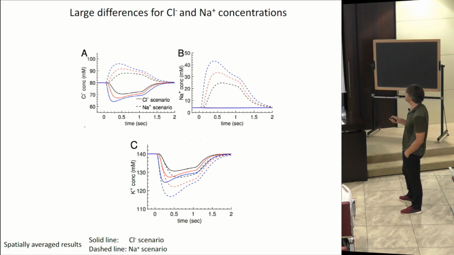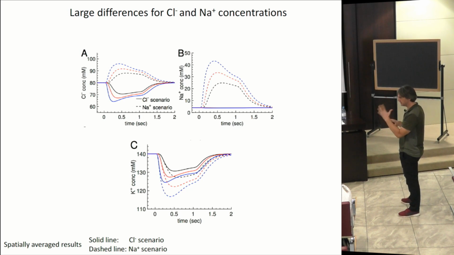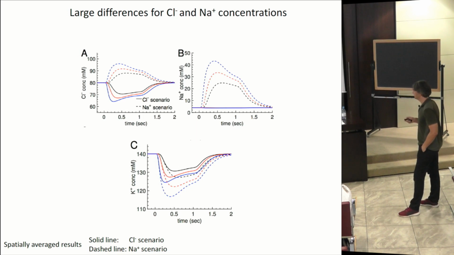The sodium concentration is almost not affected in the chloride scenario. And because of the ciliar depolarization, as Thibault talked about, potassium is driven out of the cilia. Although you don't have potassium channels, the potassium concentration considerably increases and is driven out of the cilia. This is very important to maintain electroneutrality.